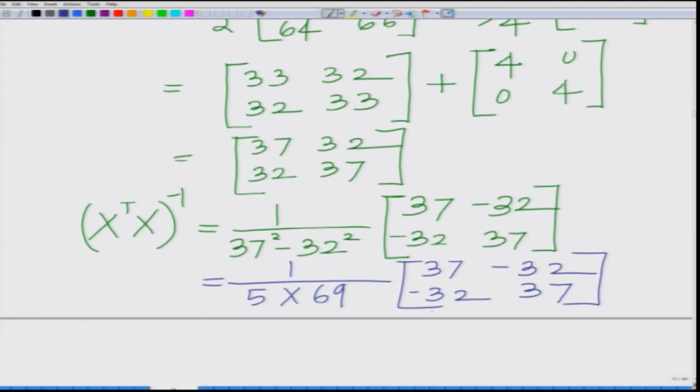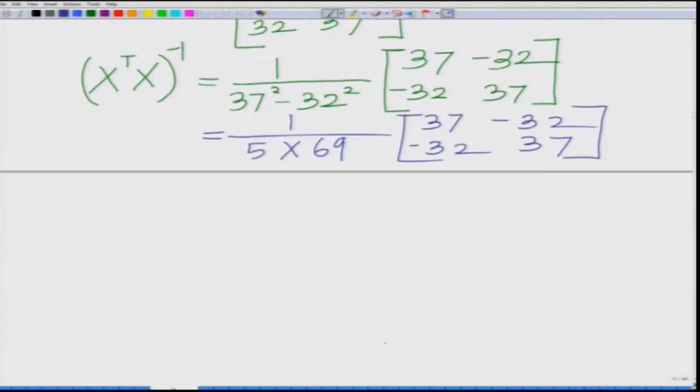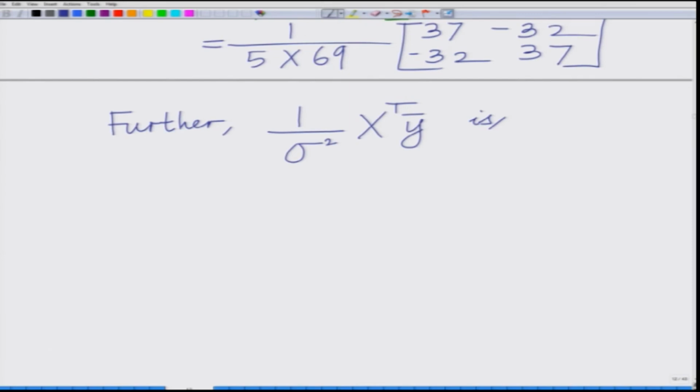Okay. Now, let us compute this other quantity, 1 over sigma square x transpose y bar. This is 1 over sigma square times x transpose y bar. So, sigma square is 2.